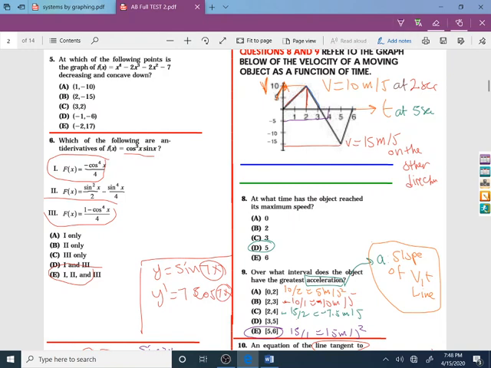Which is -15 minus 0 over 2, which is the same. 3 to 5 is the same as 2 to 4, which is -15. You see that? 3 here and 5 is here. -15 and 0, which is -15 over 2, which is -7.5.